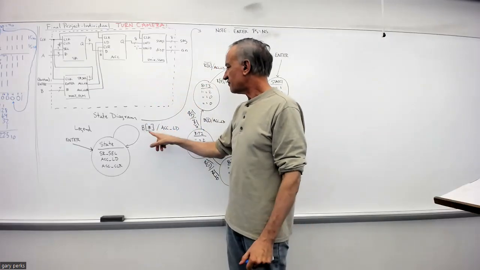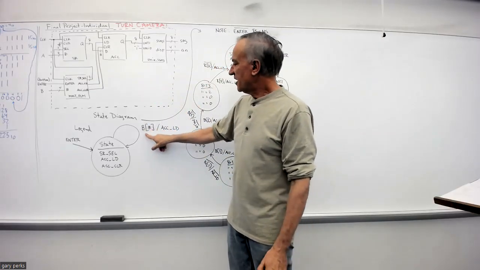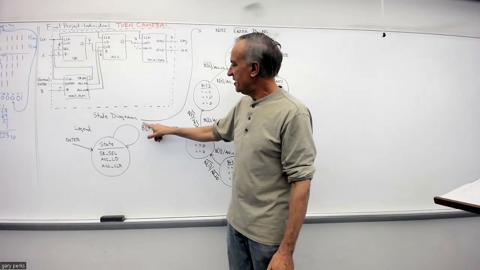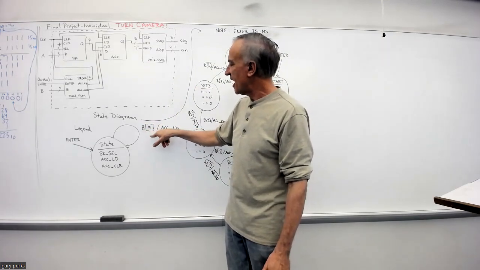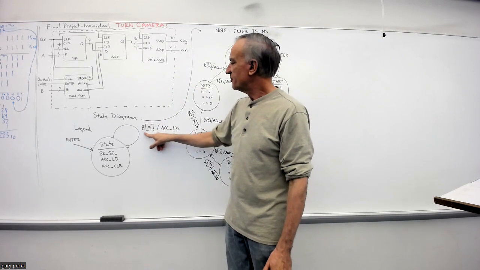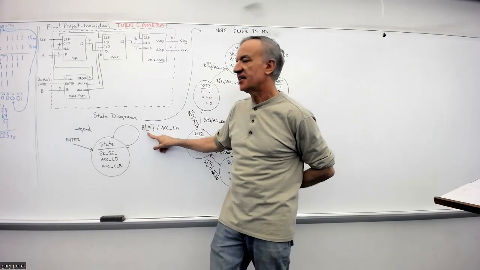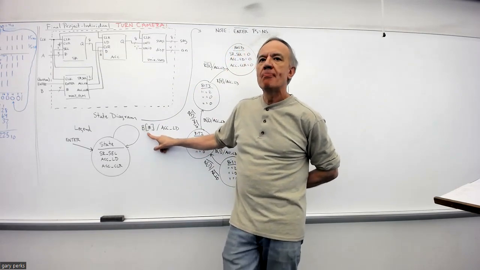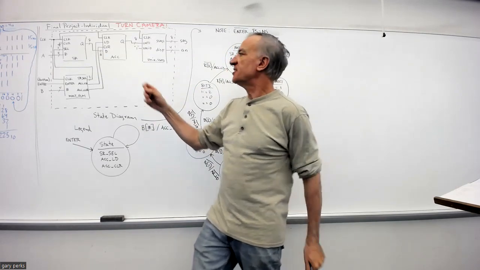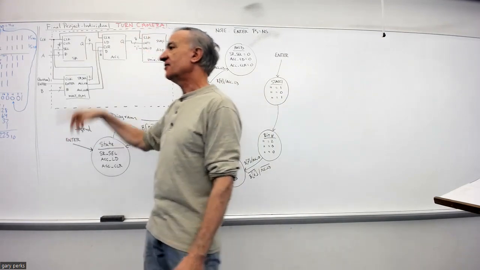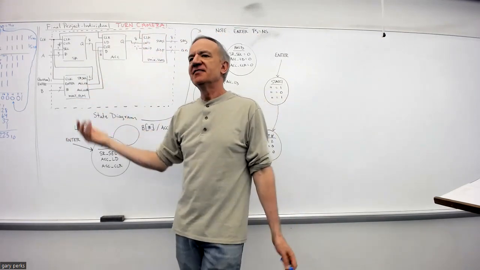Okay, now the next thing is this B in square brackets with the number sign in front. What would that be referred to? What goes here in the state diagram? Like in your sequence detector, that was an X. We used an X symbol, and what was X?